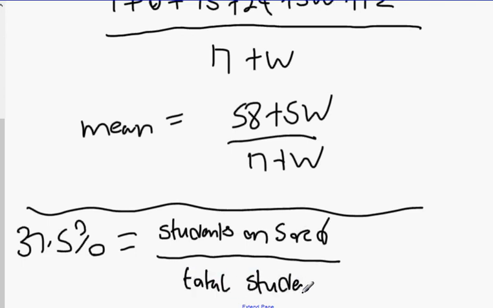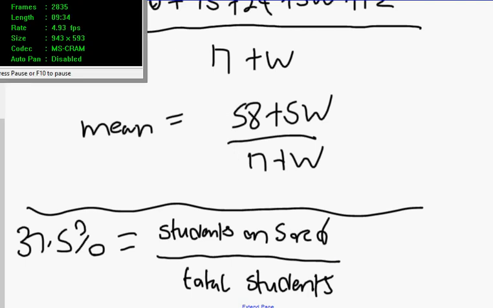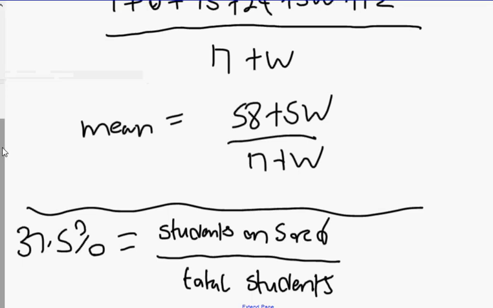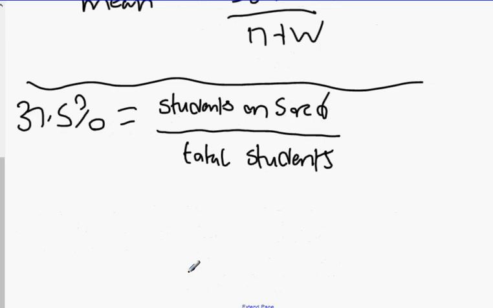Because that's how you get a percentage. You get a fraction first. You get what segment you're looking for divided by the total number of people, and then you multiply by 100 over 1.